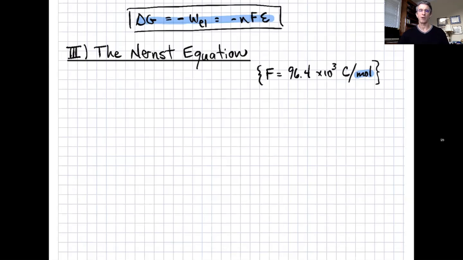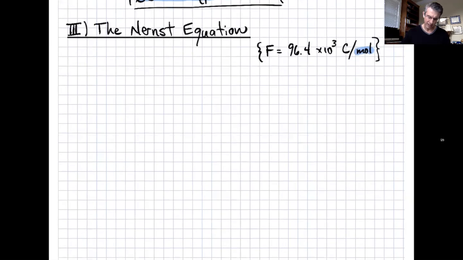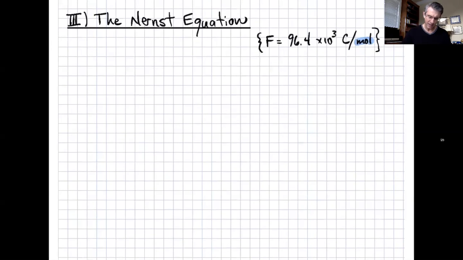Okay, so what we want to do now is figure out a way to relate this free energy difference to something we could actually measure. As I pointed out at the beginning of this lecture, where we're headed is a certain type of chemistry which we've only dealt with peripherally, which is redox chemistry.